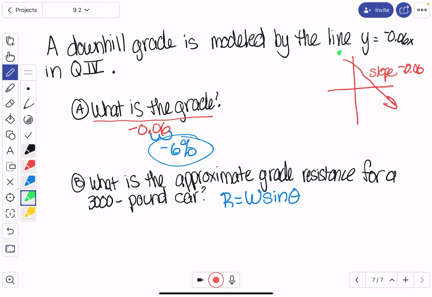So if we did a point up here, right, because we'd want to be able to make our standard position angle, this would be negative 6 over 100. That's how we get negative 0.06. So we turned our percent and our decimal into a fraction. Now we have to find r. So r is the length of this line in order to figure out our angle or our sine information.